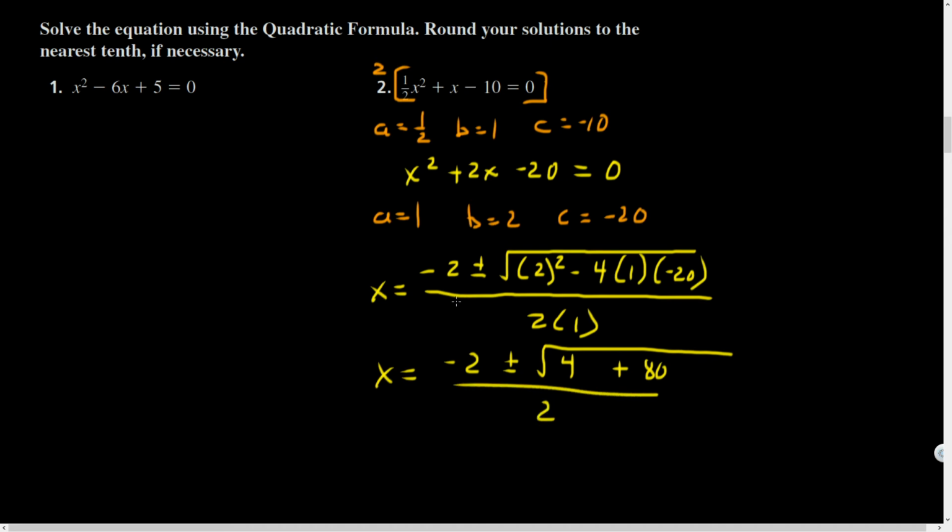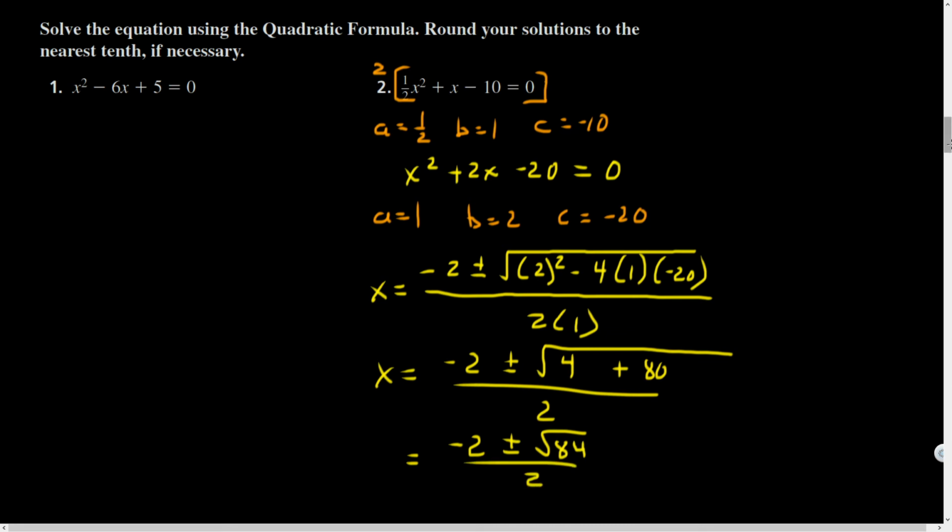Sometimes students make mistakes with the all over 2a. They might only have written their fraction bar underneath this part. Another mistake that students sometimes make is trying to distribute the square root to each of these pieces. Super illegal. You can't distribute square roots over addition. All right, and so lots of possible ways to make mistakes, but as long as you're obeying the laws of math, you will be fine.